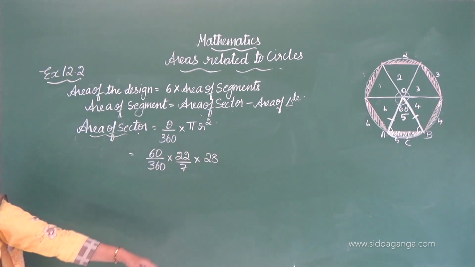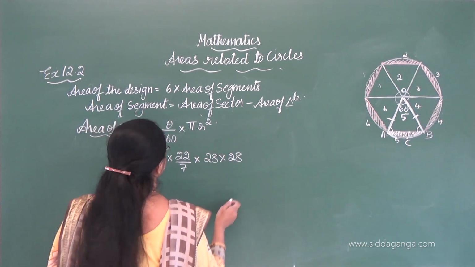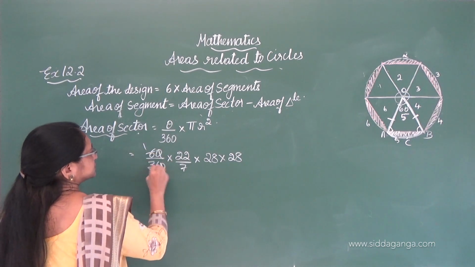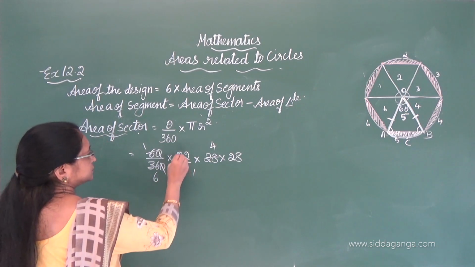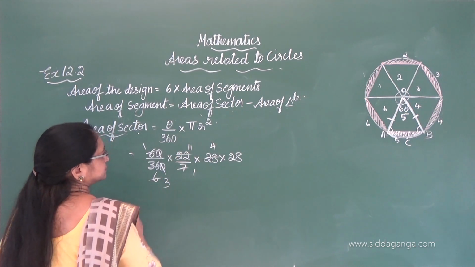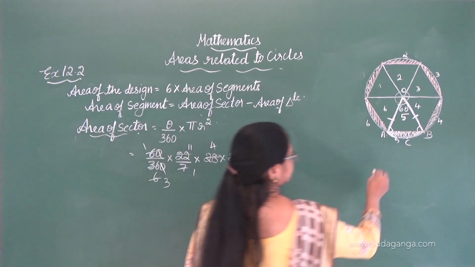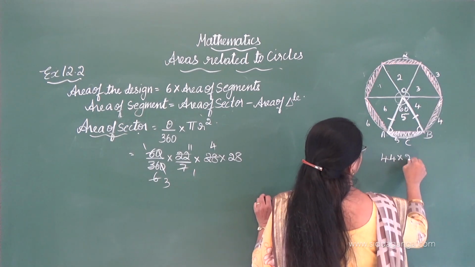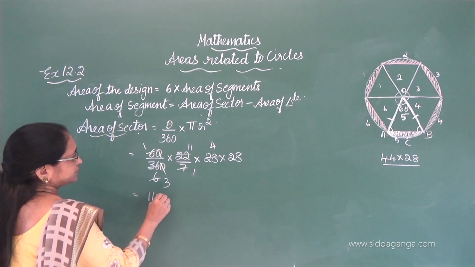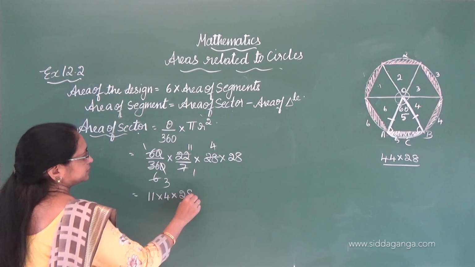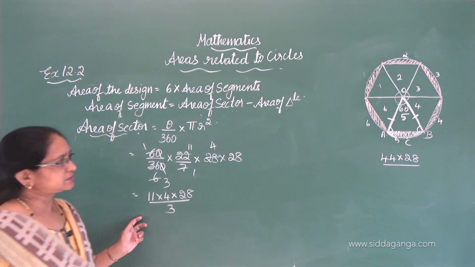The radius is 28 centimeters. So 28 into 28. Now 11 into 4 into 28 divided by 3.